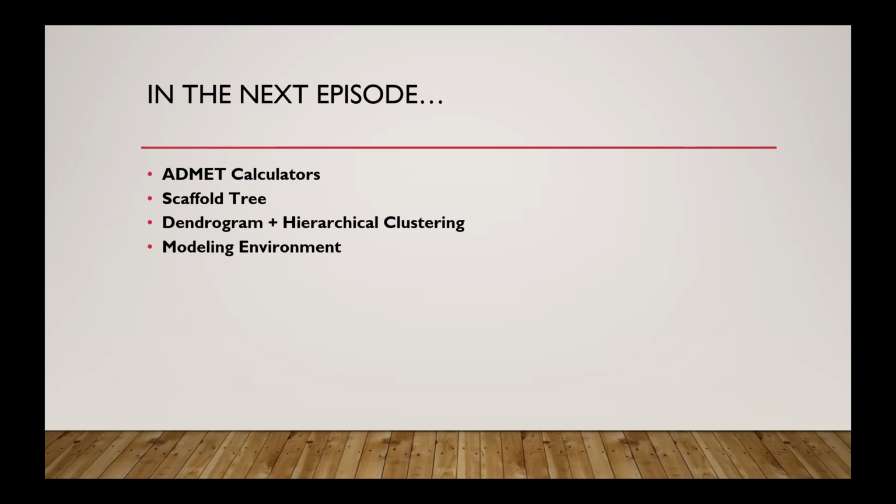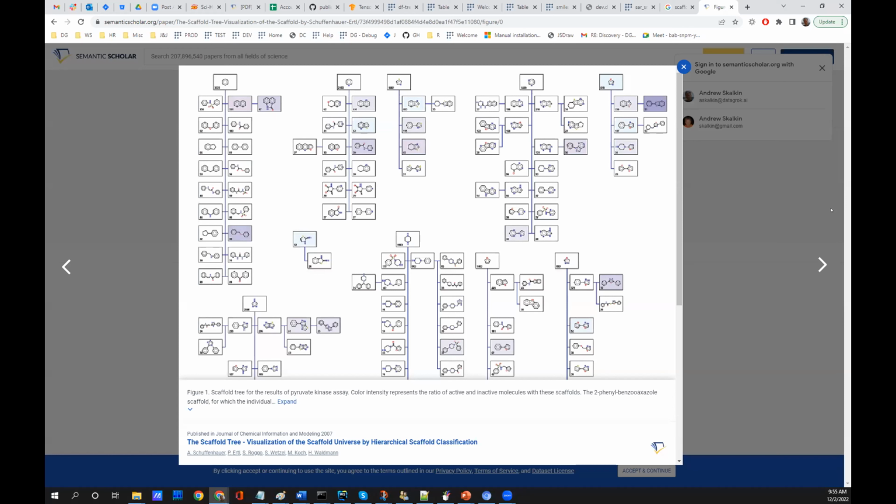And for those who do not know what a scaffold tree is, essentially this is a way to navigate and categorize your data set of molecules. It's a hierarchical structure where in the root, for instance, you have the most common substructure, and then each node is a super molecule of a previous one. So this way you can conveniently navigate your data set.